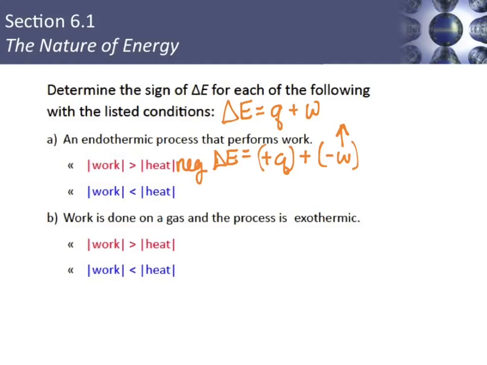If our work is less than, if this number is smaller than Q, then what can we say about this process? What would our sign be? Our sign would be positive.